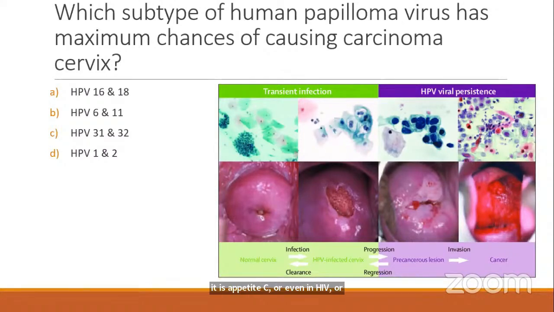Especially Epstein-Barr virus can cause malignancies like nasopharyngeal carcinoma, then gastric carcinoma, Burkitt's lymphoma, non-Hodgkin's lymphoma, Hodgkin's lymphoma. There are ample malignancies which can be caused by Epstein-Barr virus.